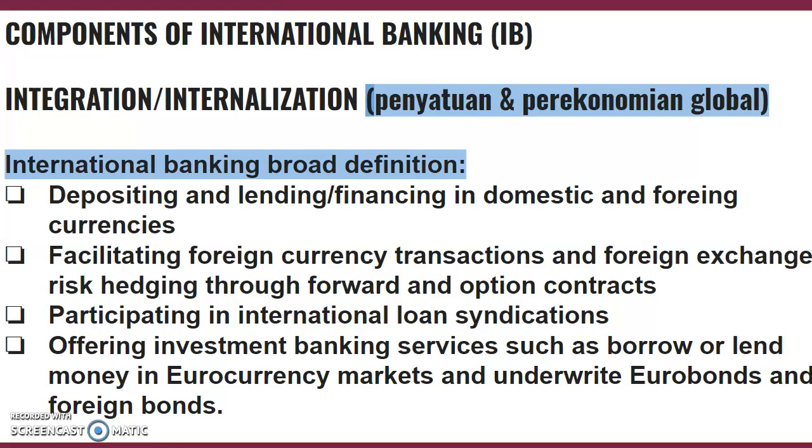South Korea punya mata wang apa? Won, kan? Yes. So kalau won Korea deposited at a bank in South Africa, for example, diletakkan di Afrika Selatan, this term we also call euro currency. Okay, so kena faham what it means by euro currency over here.